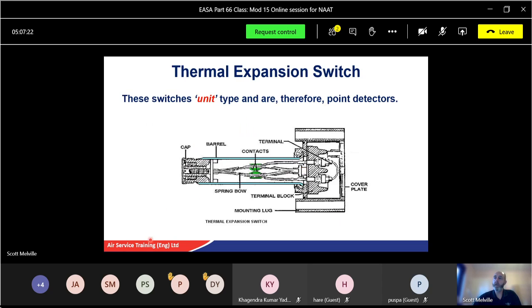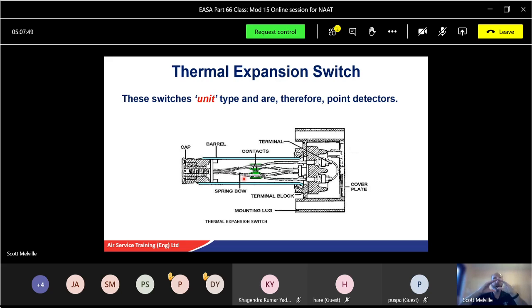First one we look at is what's called a thermal expansion switch. It pretty much does what it says: when it heats up, it expands. In a normal situation, this barrel, which is usually a steel covering, is in a cool condition, and these two contacts, which are attached to one end here and one end here, will be apart. But as that barrel heats up, it's going to expand, isn't it?